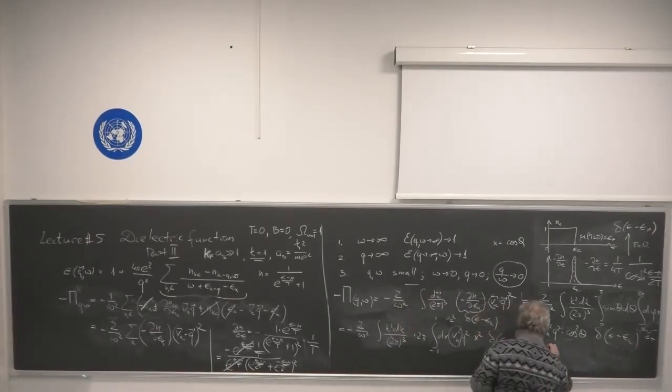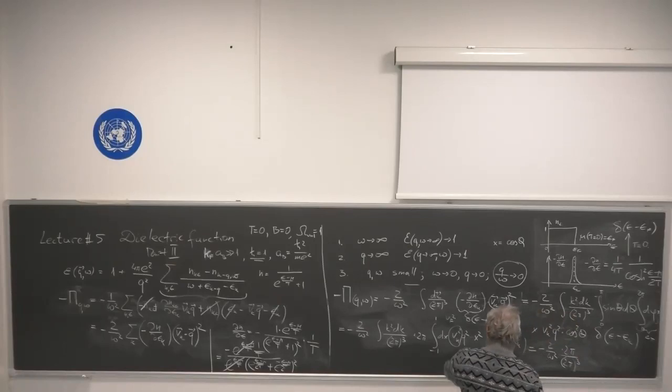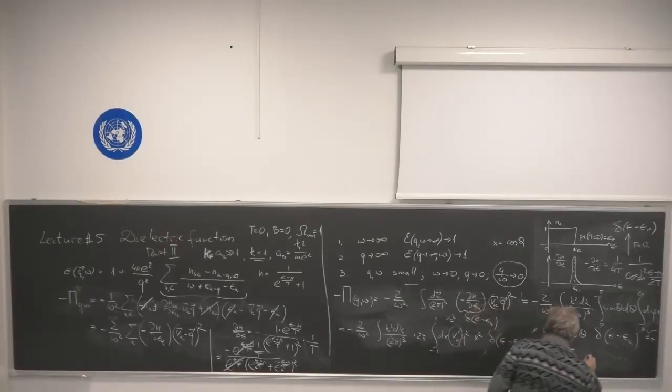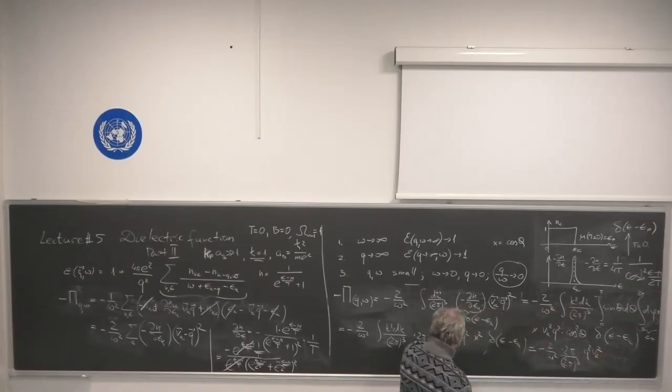So this is minus 2 over omega squared times 2 pi divided by 2 pi cubed. I have q squared, Fermi velocity squared from here, because the integral doesn't depend on q. Integration over x squared dx gives me x cubed over 3. In the limits 1 and minus 1, it gives me 2/3.